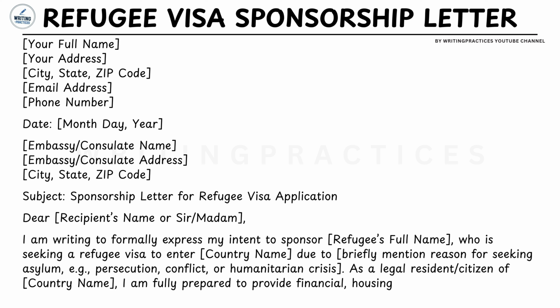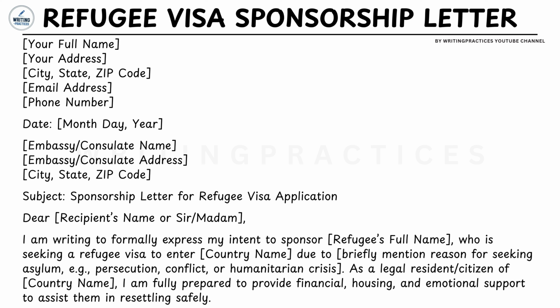For example, I am writing to formally express my intent to sponsor Ahmed Hassan, who is seeking a refugee visa to enter Canada due to ongoing persecution in his home country. As a legal resident of Canada, I am fully prepared to provide financial, housing, and emotional support to assist him in resettling safely. This introduction immediately makes it clear why you are writing and reassures officials that the refugee will have necessary support upon arrival.